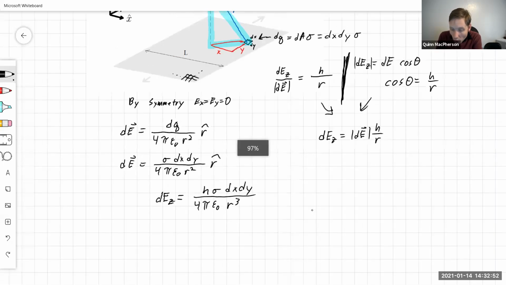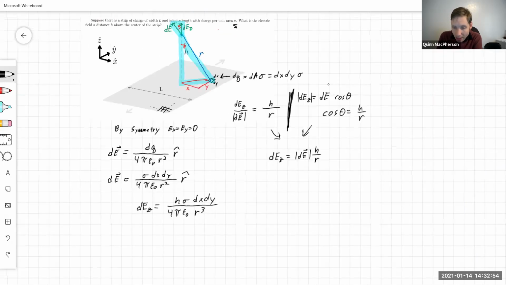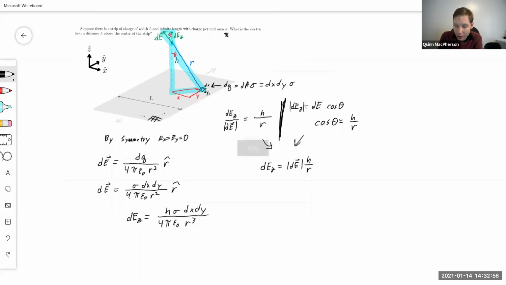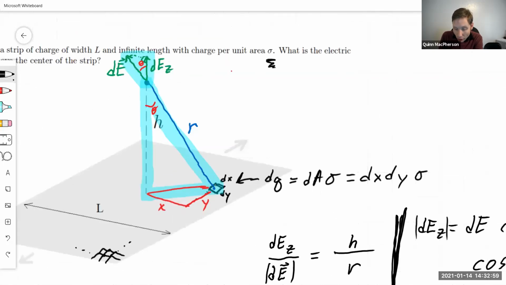So what is r? Let's go back to this thing up here where we're going to try to find the distance from this little charge element to our point of interest. You can use the three-dimensional Pythagorean theorem, where x squared plus y squared plus h squared is equal to r squared. If you don't know the three-dimensional Pythagorean theorem, you can do it in two steps.